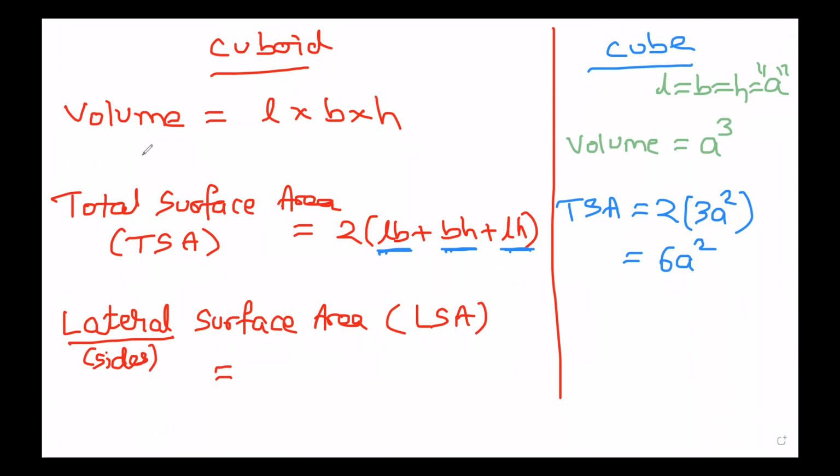That was perimeter times height. And if we replace this by all A, this will be 2A, 2A and then again A. So LSA will be 4A squared.